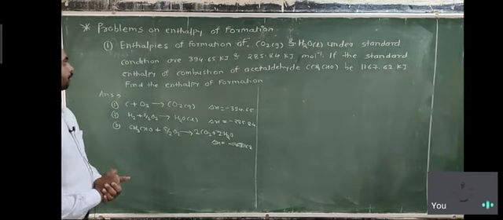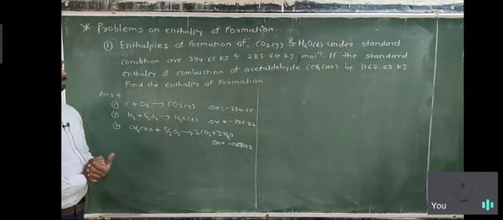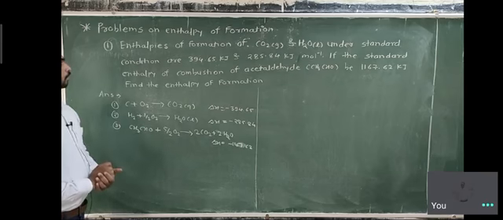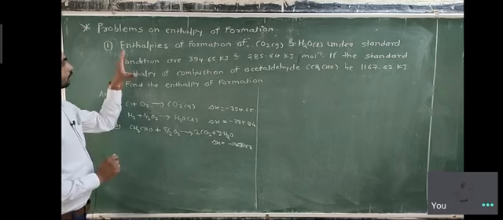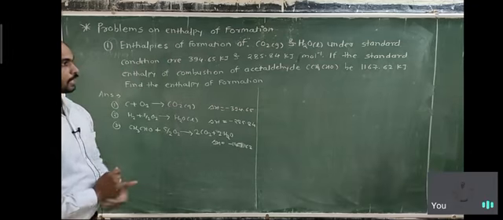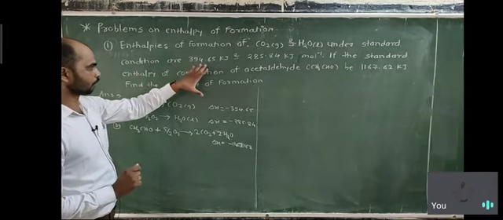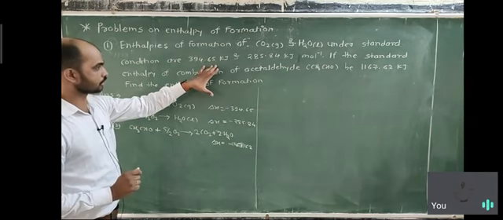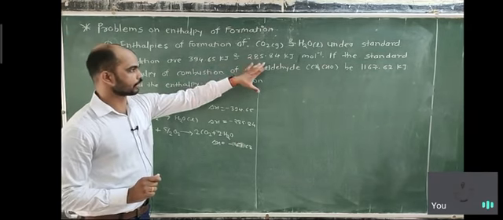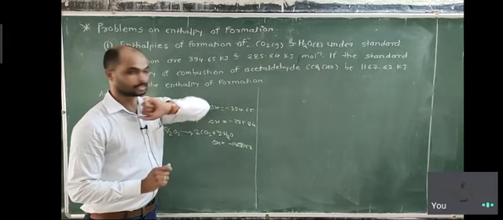Look here. In the first numerical problem, the problem says the enthalpy of formation of CO2 gas and H2O under standard conditions are 394.65 kilojoules and 285.84 kilojoules per mole.